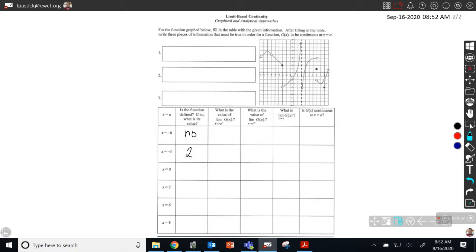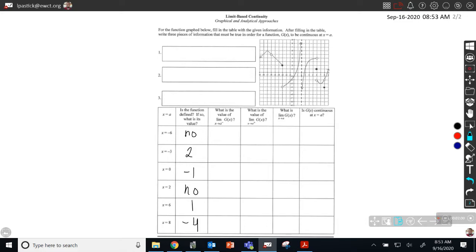At x equals 0, the value is -1. At x equals 2, we've got a vertical asymptote, so we're going to go with a no. At x equals 6, defined, and the value is 1. And at x equals 8, defined, and the value is -4.